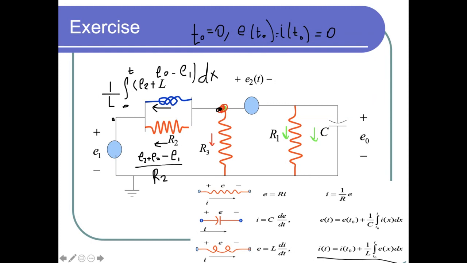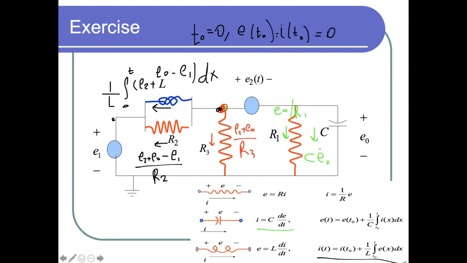The current through R3 is E2 plus E0 over R3. What is the current through R1? The current through R1 is E0 over R1. What is the current through the capacitor? It is C E0 dot.